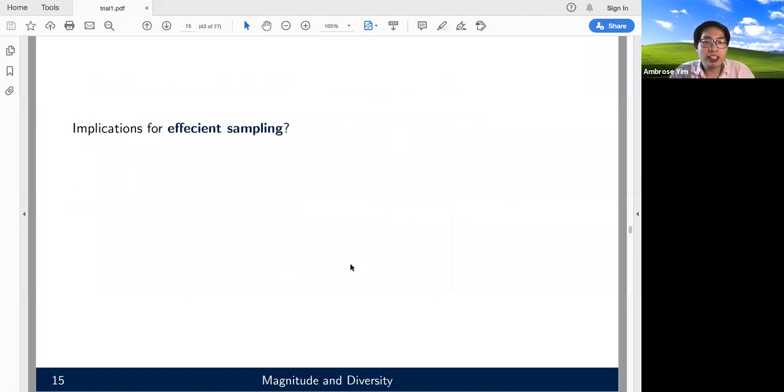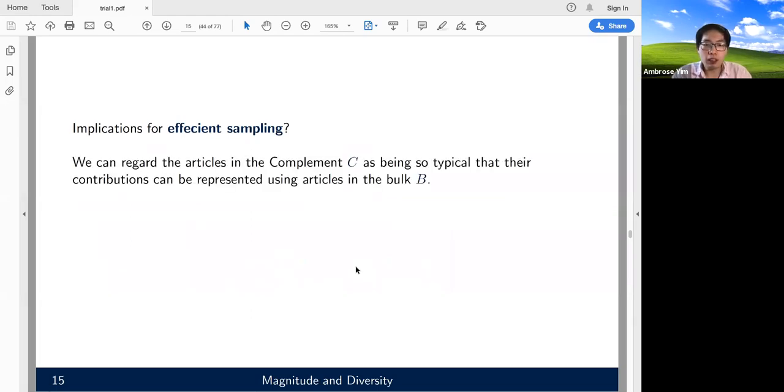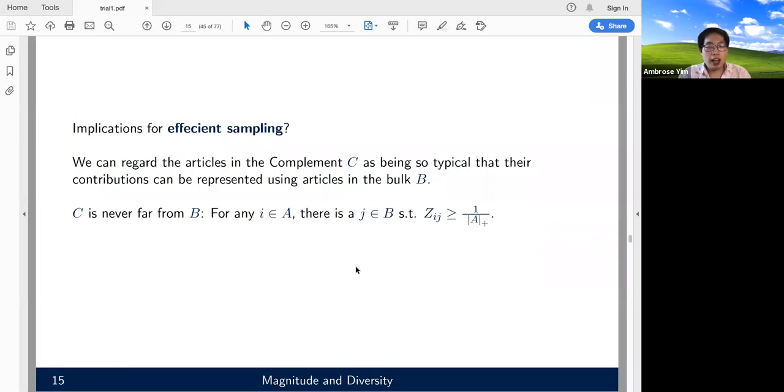So I believe this has some implications for efficient sampling. We could regard the articles in the complement C as being so typical that their contributions can be represented using articles in the bulk. They contribute no effective size. And you can actually prove that for any article in the complement, you can find an article in the bulk that is close to it.